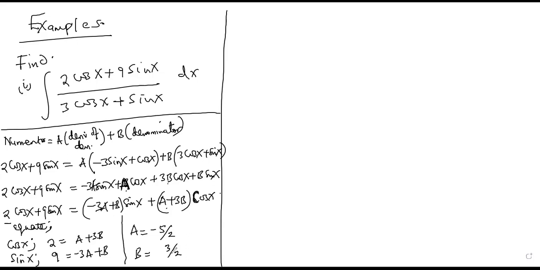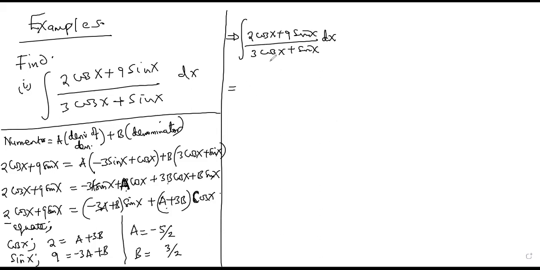What does it imply? It would mean that your integral of 2 cos x plus 9 sine x over 3 cos x plus sine x dx is going to be equal to a into this, then we shall divide by the denominator, of course.